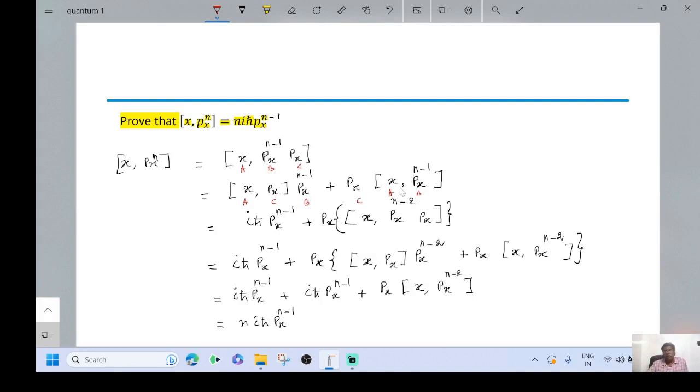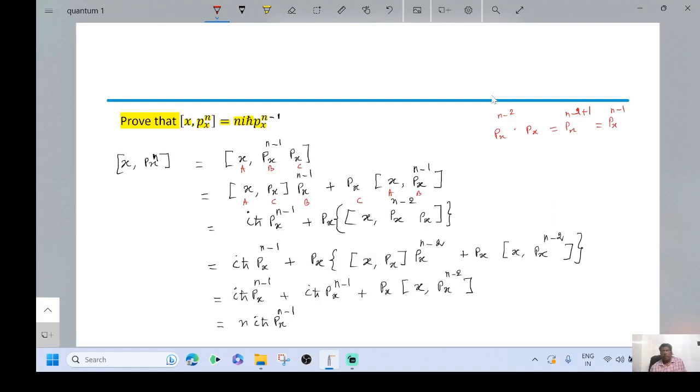Once again, x comma px power n minus 1 is written in terms of x comma px power n minus 2 into px, because px power n minus 2 into px equals px power n minus 2 plus 1, which is equal to px power n minus 1. A power m and a power n equal a power m plus n. Once again, use the formula a comma c into b plus c into a comma b, and you can get this relation.